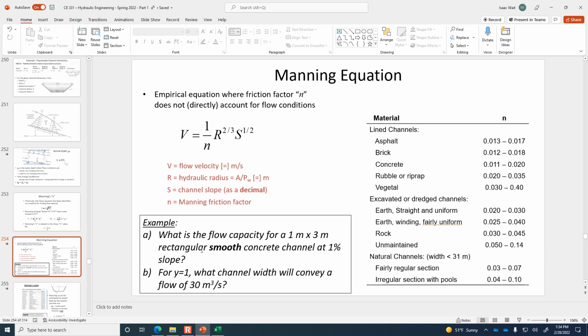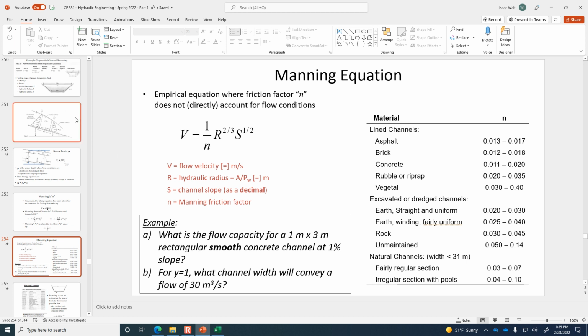I know how deep I want it, how wide. So what slope is required to achieve that flow rate? So now you're solving for S. Or it could be even that you're solving for the roughness that's permissible for a certain flow rate you hope to accomplish. So that's why it's good to be able to type in Manning's equation into your calculator.